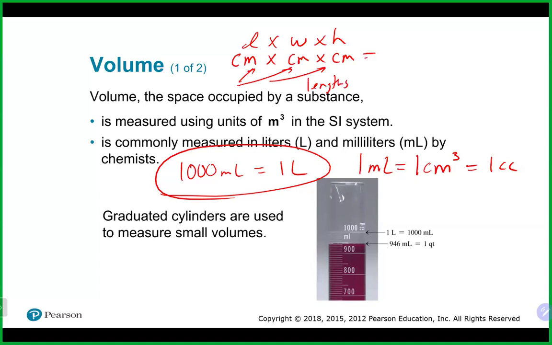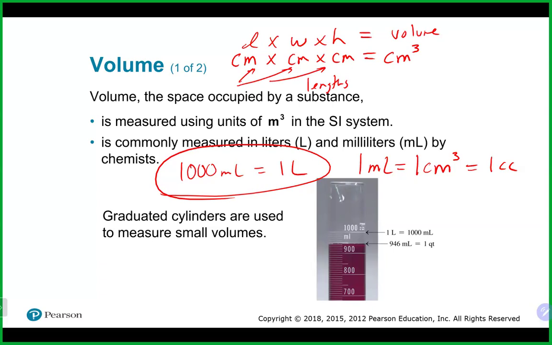But when you multiply them together, you get a cubic centimeter. That is a volume. So cubic centimeter is a volume. Cubic decimeter is a volume. Meters cubed is a volume. So that is a very common way that we sometimes will deal with the volume of, say, a solid object like a cube.